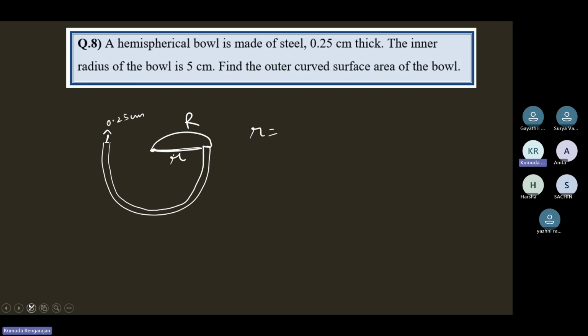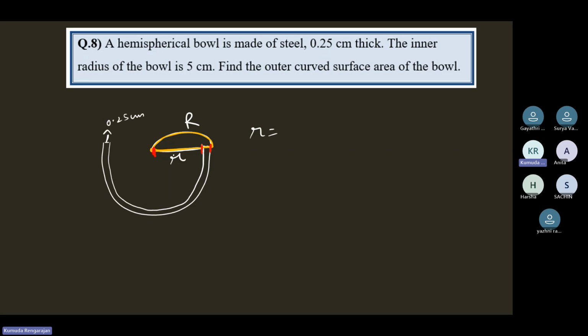From the center to the inner wall is small r. And from the same center to the outer wall is capital R. So that means small r plus the thickness is capital R. From here to here is small r, and from here to here is the thickness of the material.